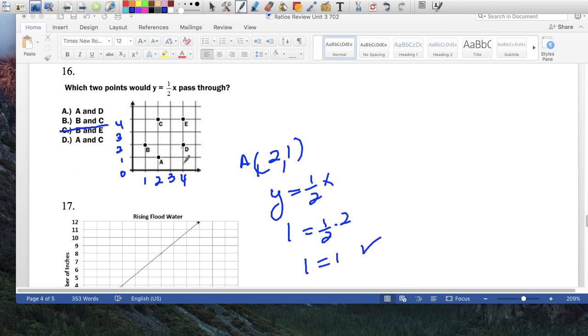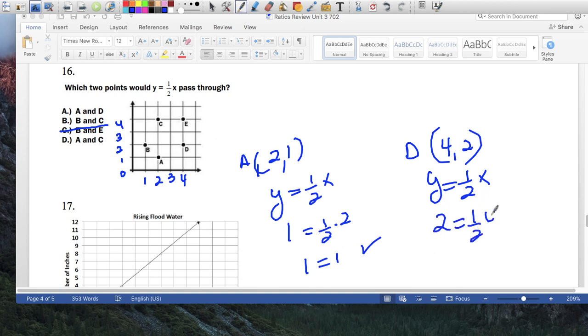So it passes through A. Let me see if it passes through D. Point D is 4 and 2. You can tell that y will always be half of x, right? So that works. Y equals half of x. Y in this case is 2, and half of 4 is 2 as well. So it definitely passes through A.